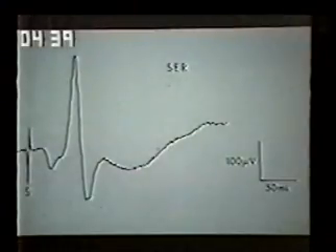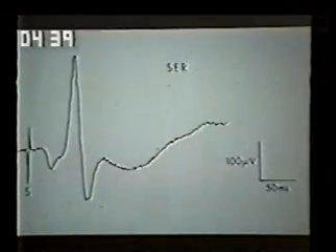Anyway, in terms of the huge evoked potential business again, this is an example of the SEP in a 4-year-old child suffering from late infantile onset ceroid lipofuscinosis.